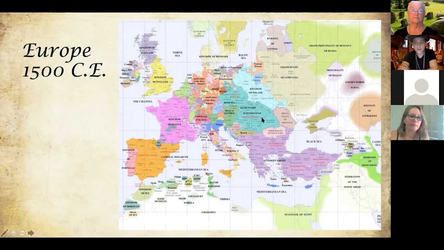But I digress. We then, in Eastern Europe, see Lithuania, Poland, and Hungary evolve into their Renaissance forms, and we see the Kievan Rus evolve into the Grand Principality of Moscow, along with various other states dotting Eastern Europe.